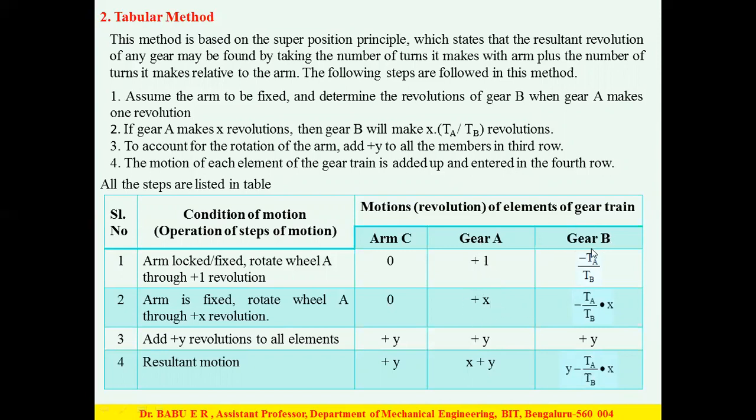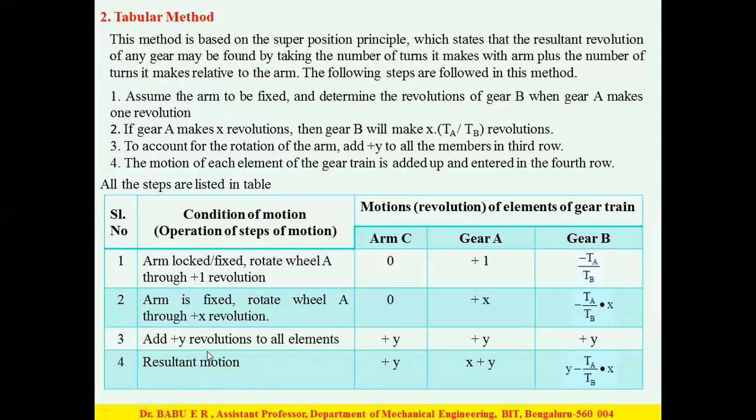Therefore, the number of revolutions of gear B becomes the same thing multiplied by x: minus TA by TB into x. So this is the second step. Go to the third step. In order to account for the rotation of the Rm, you have to add plus y revolutions to all the elements. So add plus y, plus y, plus y.